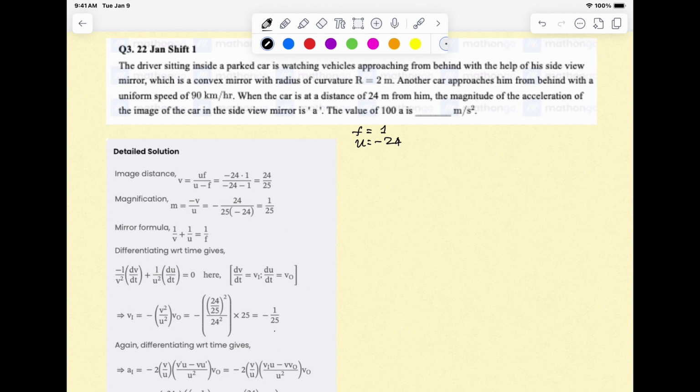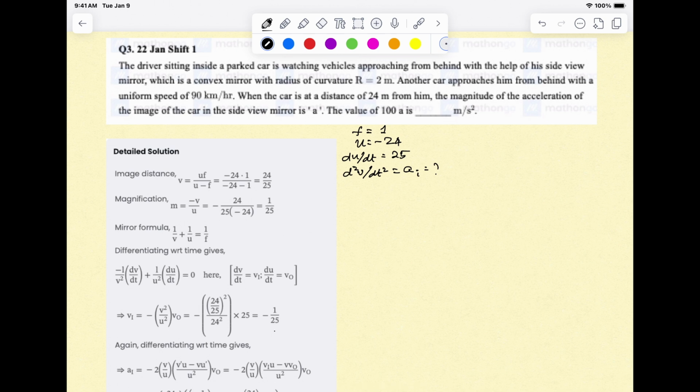Then u is given as minus 24, and du by dt, since it is approaching towards the mirror, will be a positive value, given as 25 meters per second. This is all the data which is given. What is asked for is d squared v by dt squared, that means the acceleration of the image.